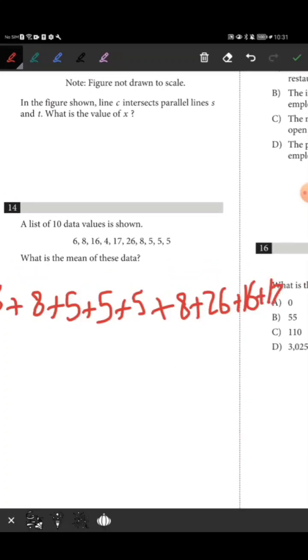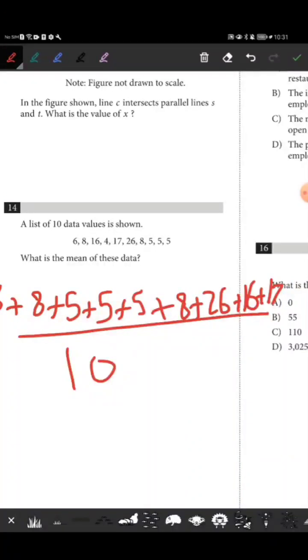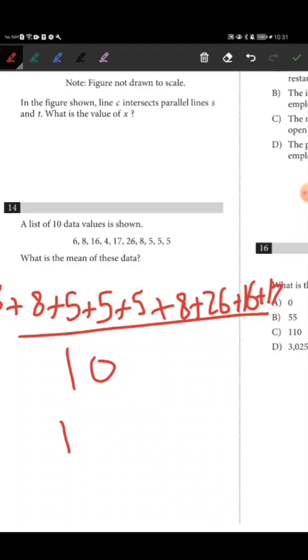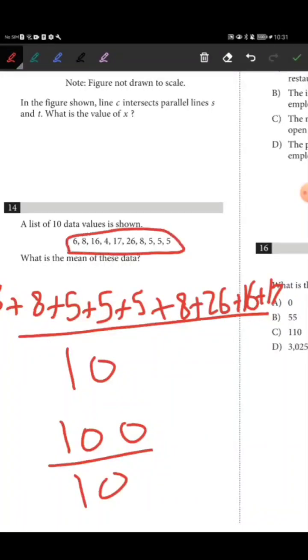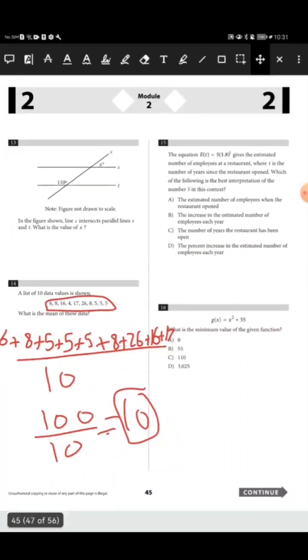All of these are over 10, and using the calculator, this is going to get us 100 over 10 if you add all these values together. So the right answer is 10. So this is the mean of these values. Now moving on to question number 15.